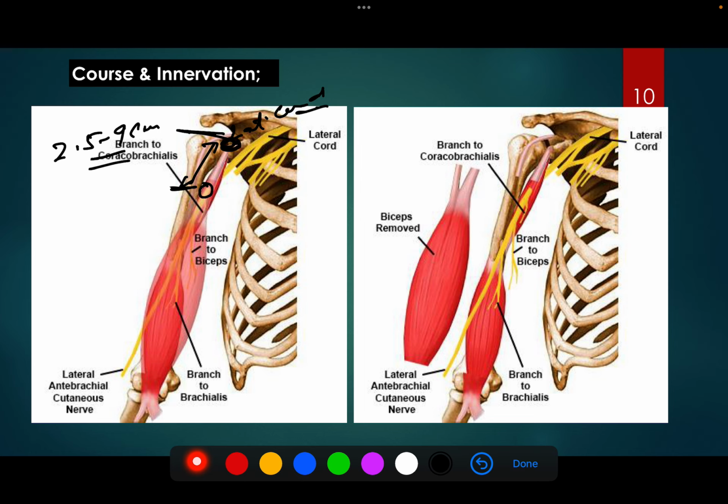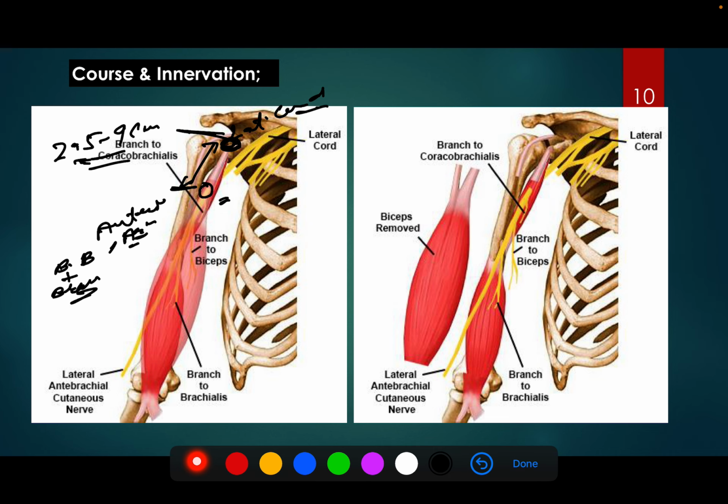Below the coracoid process, around 2.5 to 9 centimeters, it pierces the coracobrachialis muscle. After that, it comes anterior to the arm, and anteriorly it is passing between two muscles. What are those two muscles? These two muscles are biceps brachii and brachialis.